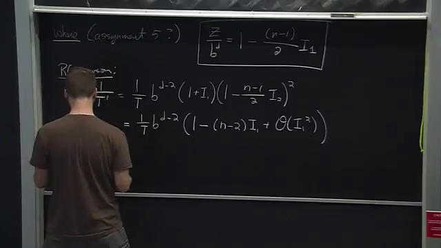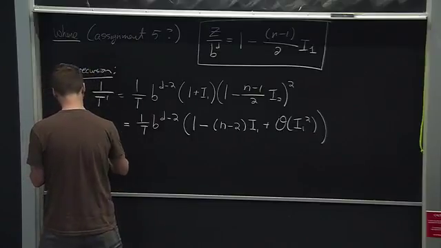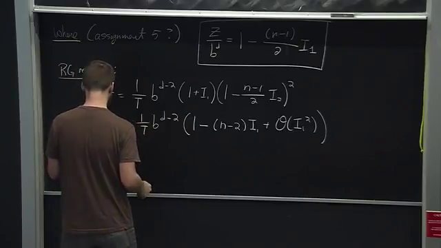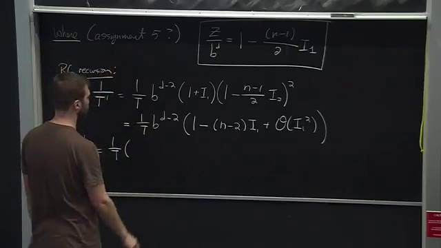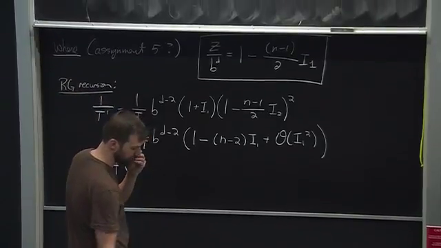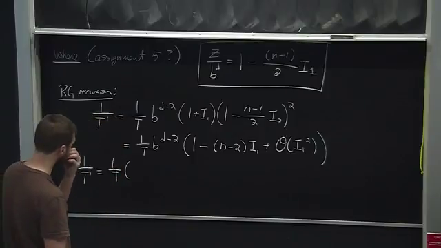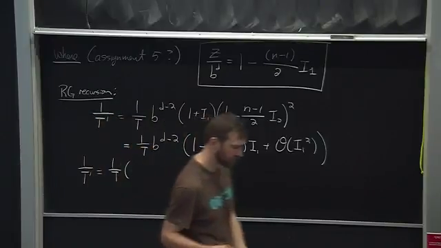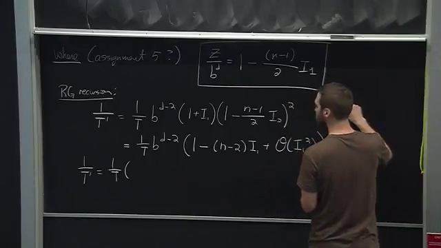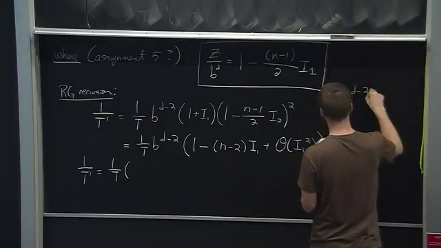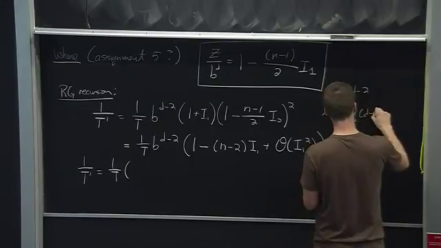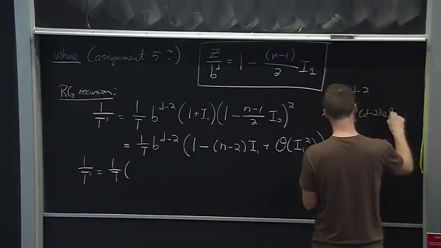Okay, so I1, what's the story with I1? I want to write this in terms of epsilon. So b to the d minus 2, that's equal to e to the d minus 2 delta L, right?